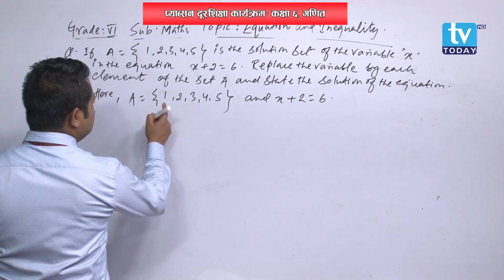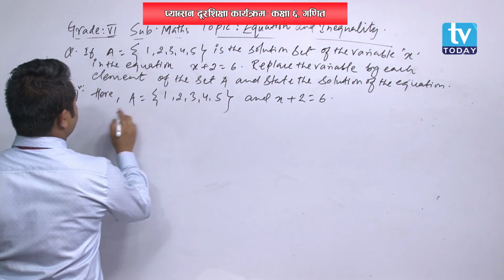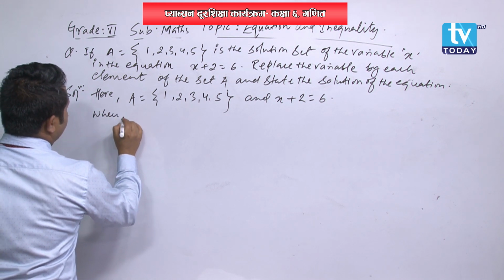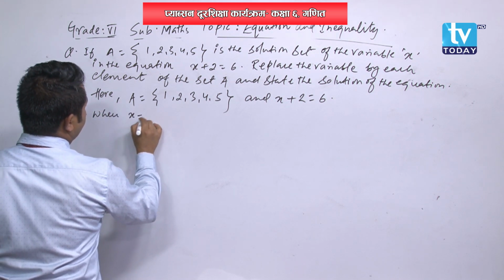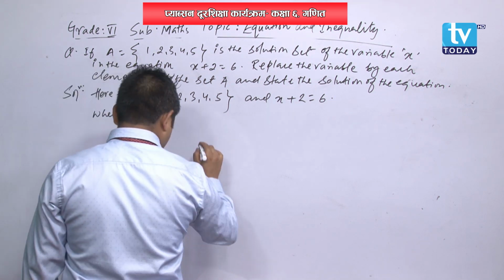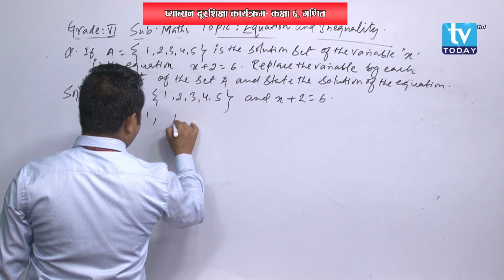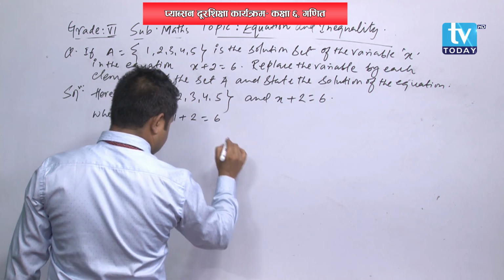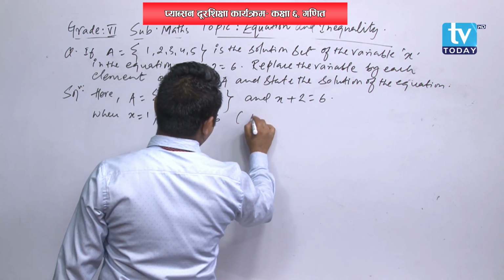Now these are all the values of x. When x equals 1, we have 1 plus 2 equals 6, which is false.